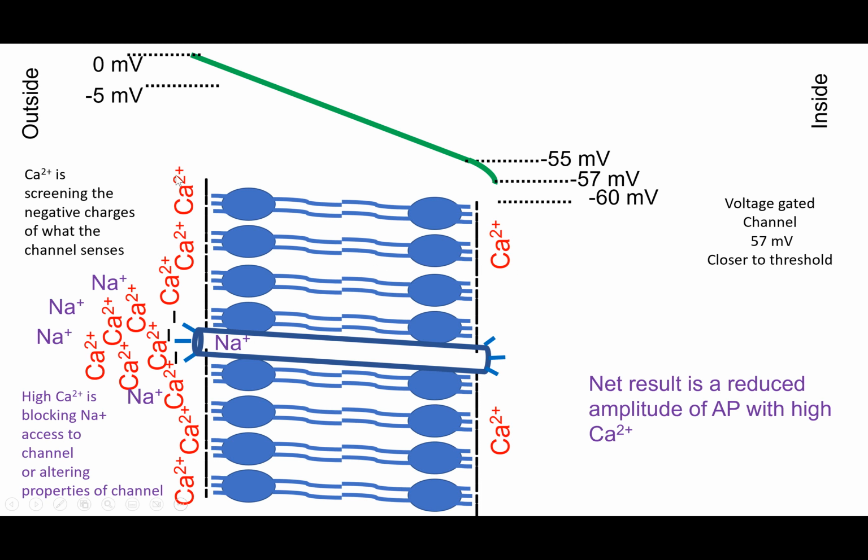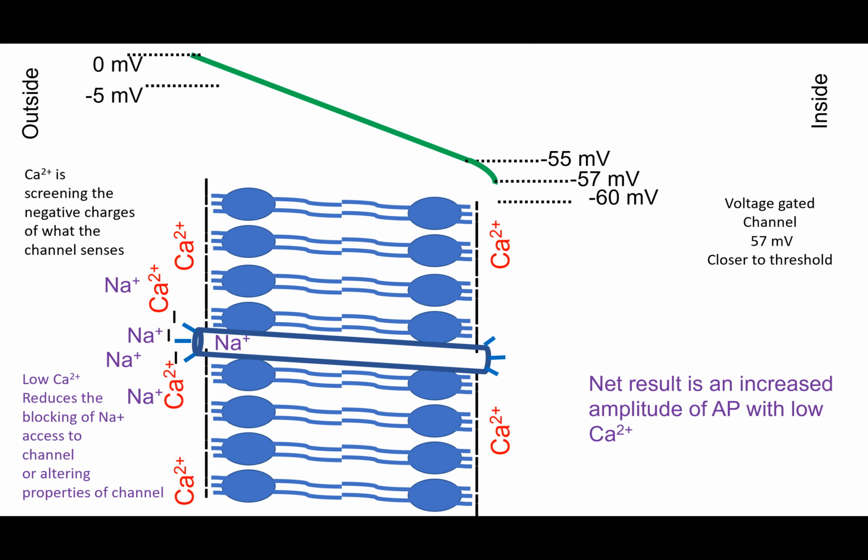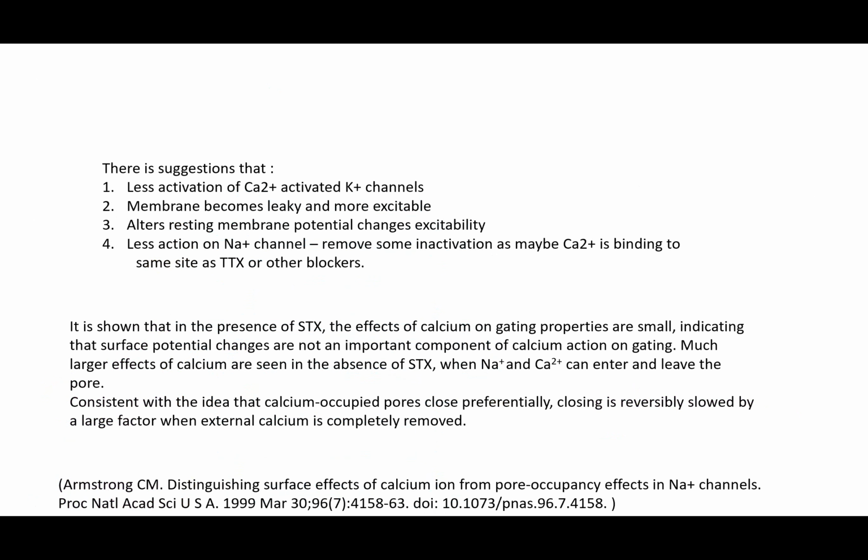Hypercalcium, the idea that they found with recording sodium currents is they think that high calcium actually blocks the voltage-gated sodium channel, somewhat competes for the sodium ions, and that's why you get a lower sodium current with high calcium. Okay, hypocalcium. If we take away the calcium, what happens? We don't have as much blocking of the sodium channel, so we might get a better current. That's one idea there, and that could then be a factor.